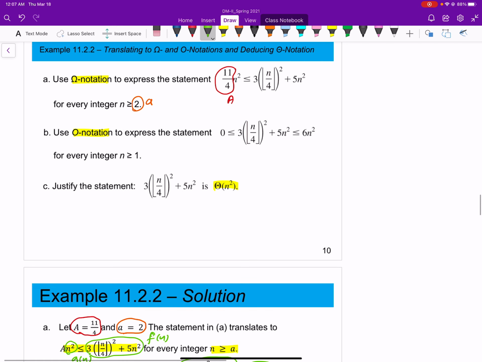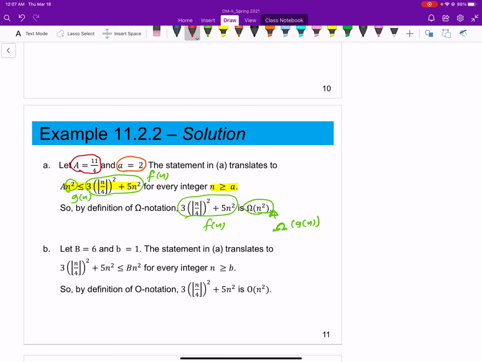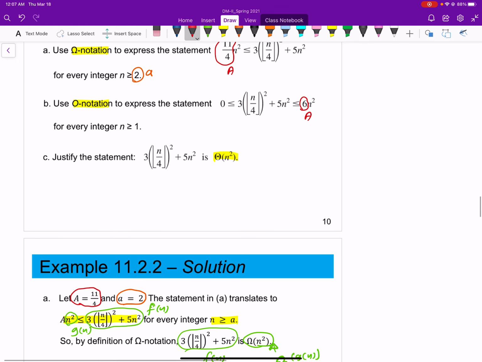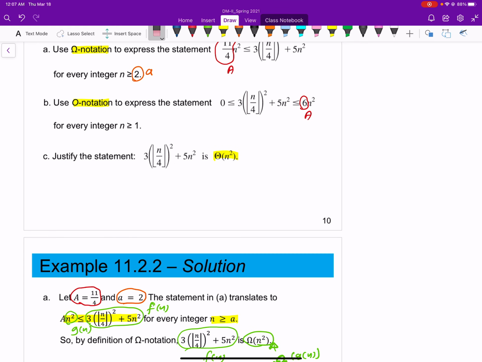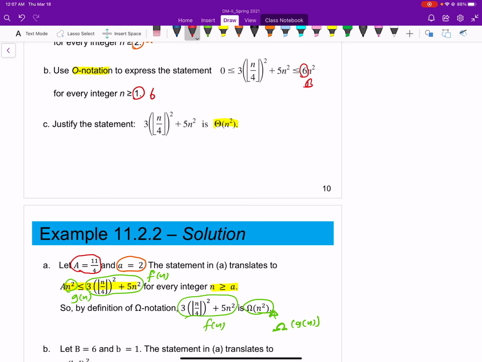In the next problem, we take that as A, and we take, let me mark it as B. We take this as B, and we take that as simple b.